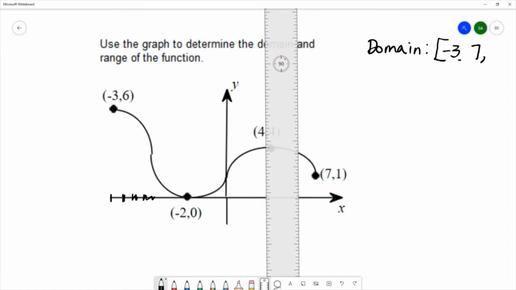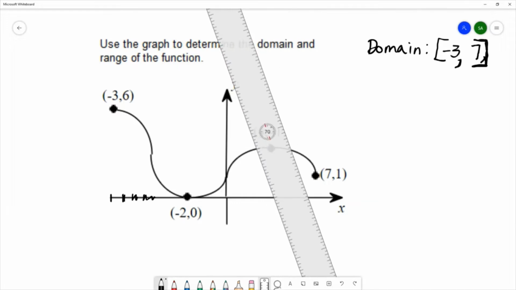Just like on the last one, that endpoint is a filled-in circle, which means it's part of the graph, so I put a bracket on the 7 to indicate that 7 is part of the domain. So I've written down the domain: -3 to 7, including the endpoints. That notation means starting with -3, including -3, and continuing all the way until 7 and including 7.